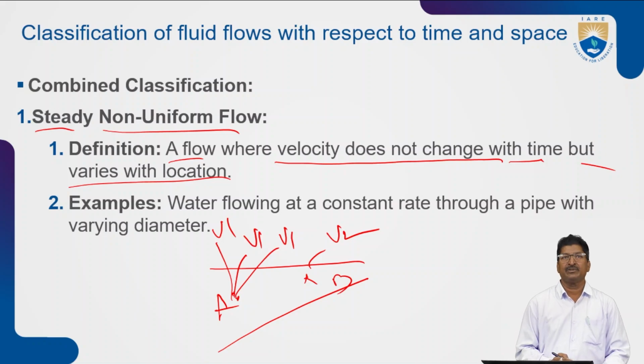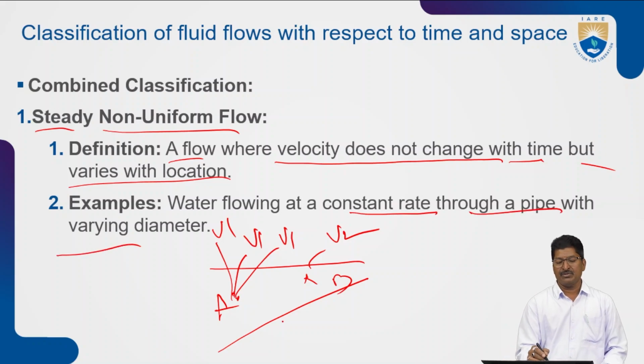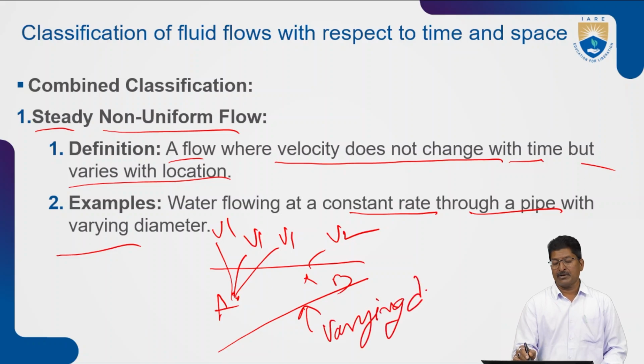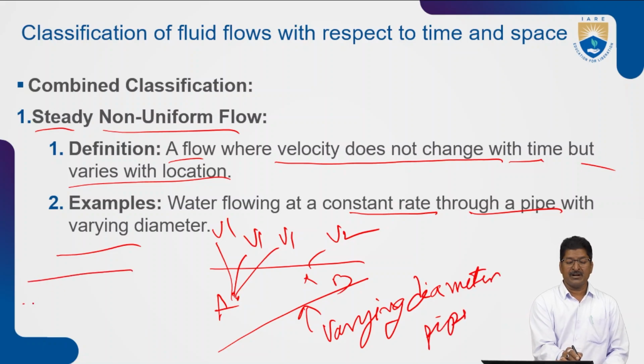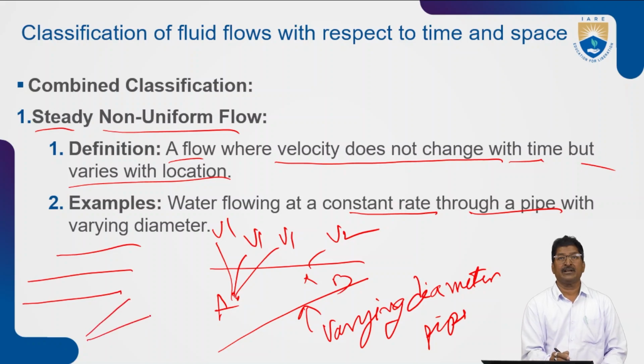If you see the examples, water flowing at a constant rate through a pipe with varying diameter. This is the figure for the varying diameter pipe. That means the diameter is not same, so it will have different diameters at different locations.